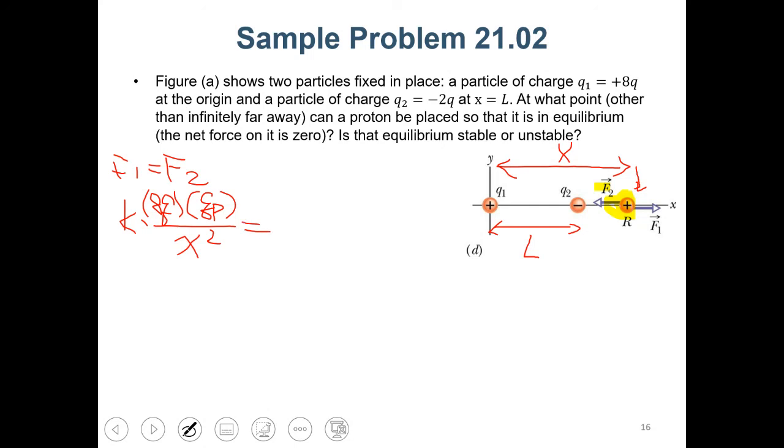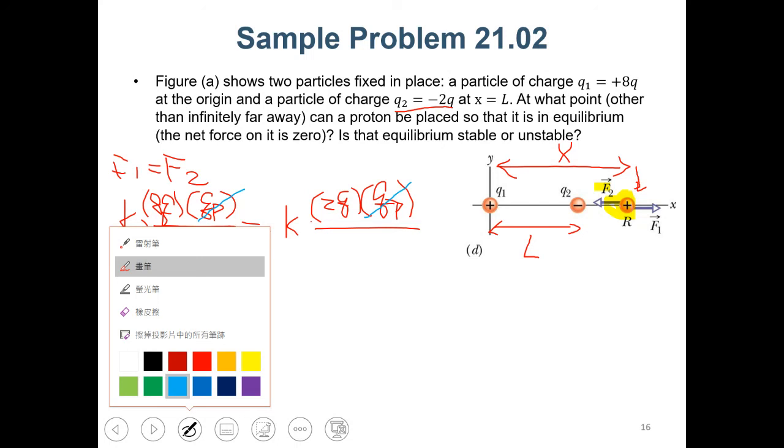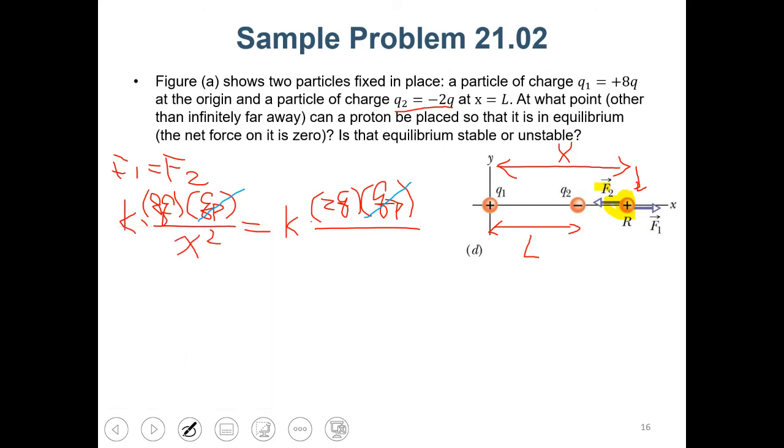And then F2 is nothing but K, and then Q2 is negative 2Q, so we use the absolute value 2Q, and then QP we also don't know, but you can see that they will cancel each other. So we don't really need to know what QP is.